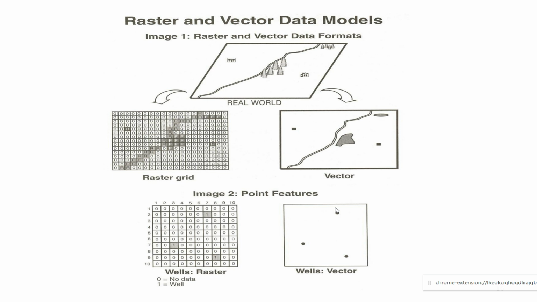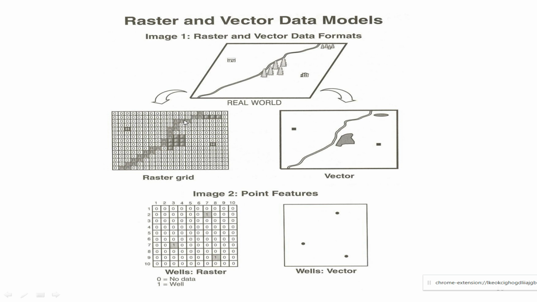So raster and vector model here, how it is in the real world. See here, the road lines are appearing here. And how the trees as point features appear here, how the buildings appear here. So they have assigned everything.